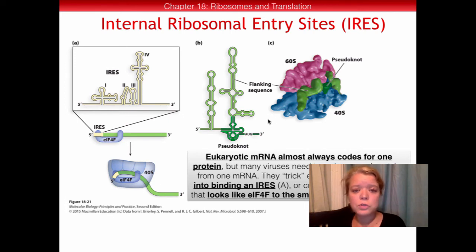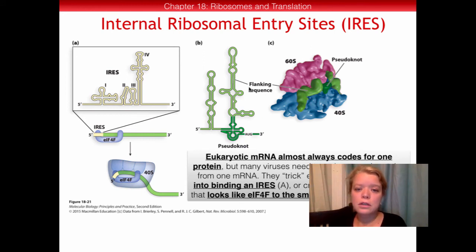There's other solutions where instead of bothering to recruit the initiation factor 4F to the location where they would like the protein to be translated from, you can have a structure that looks like not the 5' cap, but the actual initiation factor 4F.